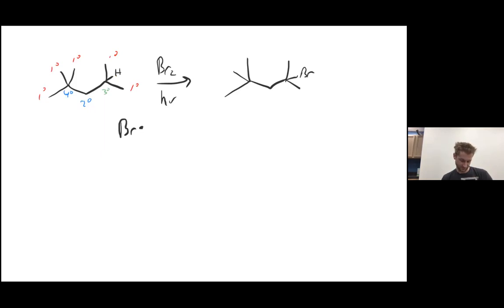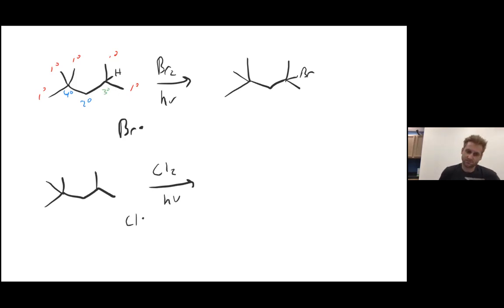With a chlorination, because it's smaller, it's got fewer electrons on it, it's going to be a lot less picky. It really just wants to get rid of this radical as quick as it can, and it's going to reduce its selectivity by a good amount.